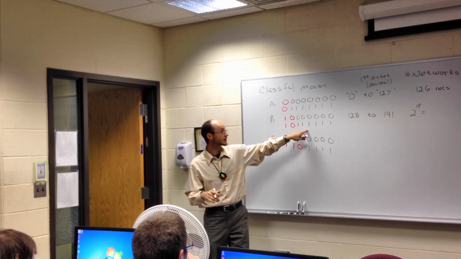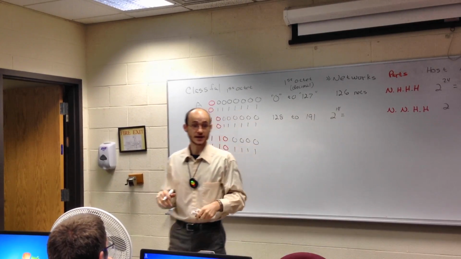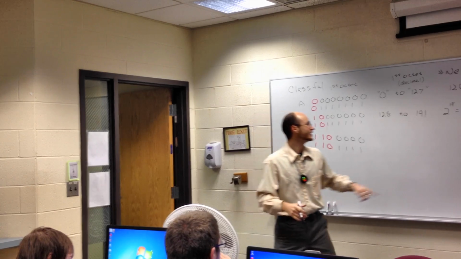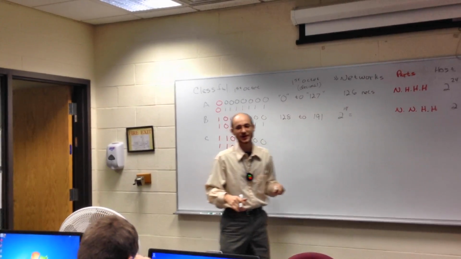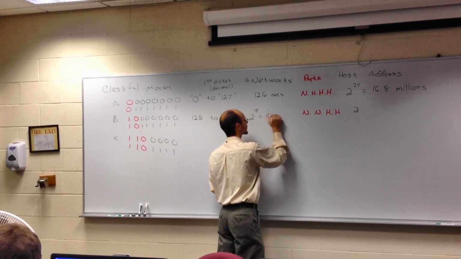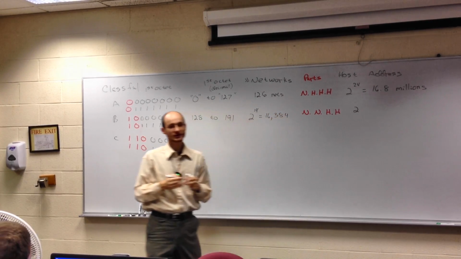So I have 6 here, but I also have to add the 8 bits for the second octet, correct? So 8 plus 6 gives me 14. So somebody help me out. 2 raised to 14 is what? 16,384? That's how many networks a Class B could handle.